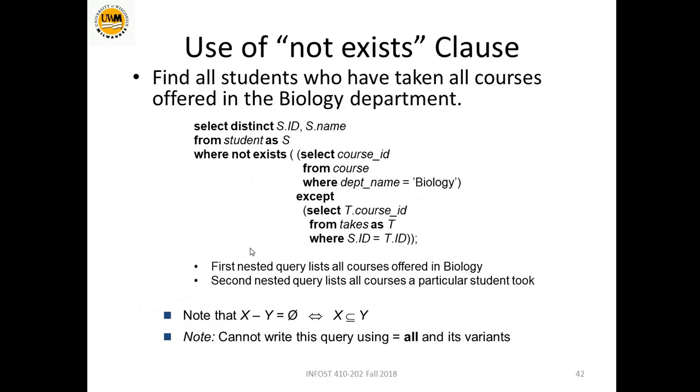If we want to find all the students who have taken all courses offered in the biology department, we say select distinct s.id, s.name from students as S, where not exists, select course ID from course where department name equals biology, except select t.course ID from takes as t where s.id equals t.id.